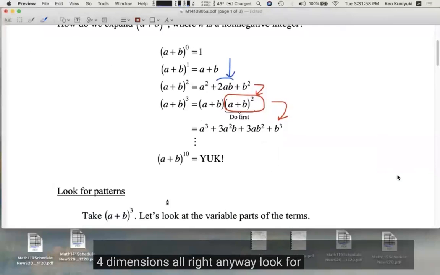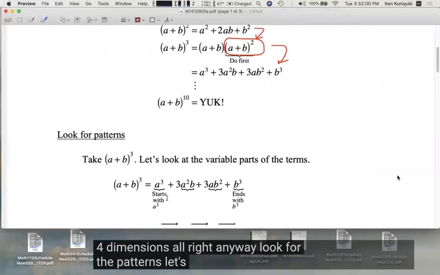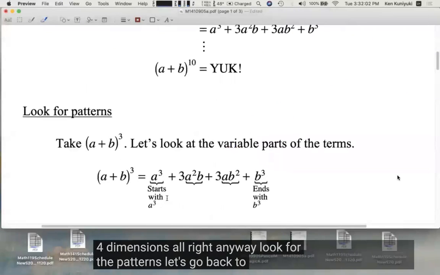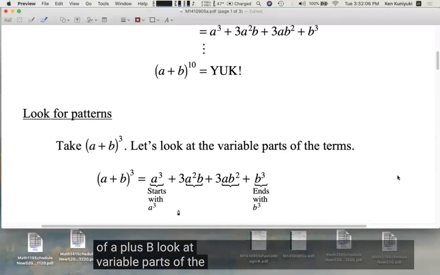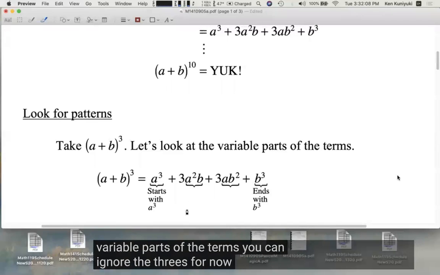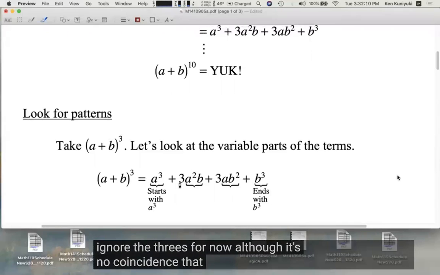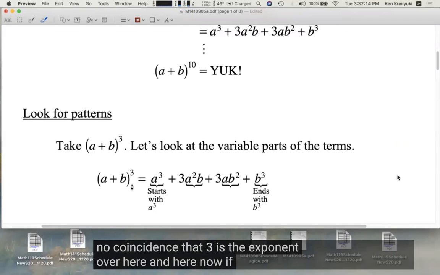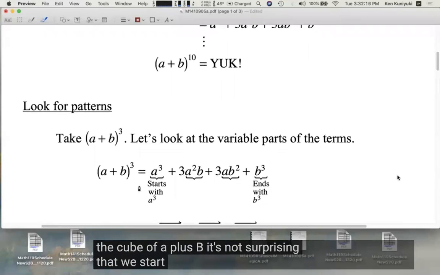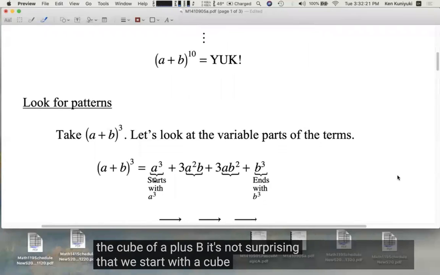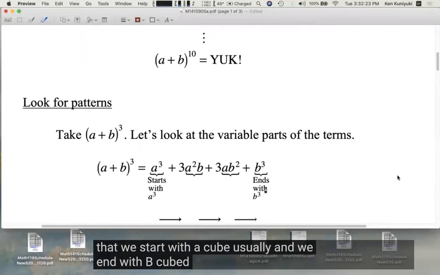Anyway, look for the patterns. Let's go back to the cube of a plus b. Look at the variable parts of the terms. You can ignore the 3's for now, although it's no coincidence that 3 is the exponent over here and here. Now, if we expand out the cube of a plus b, it's not surprising that we start with a cubed, usually, and we end with b cubed.